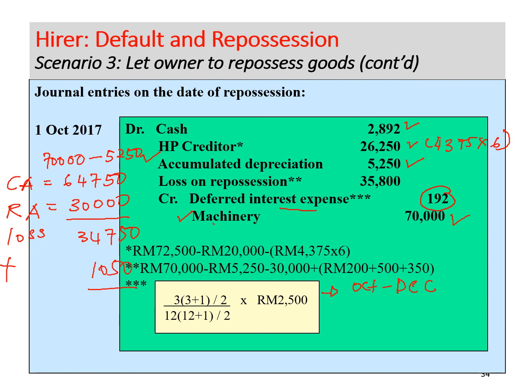This is an expense that the hirer will have to bear. So if you add the loss plus this expense together, you will actually get 35,800. So this is the total loss on repossessions that the hirer has to bear, 35,800.